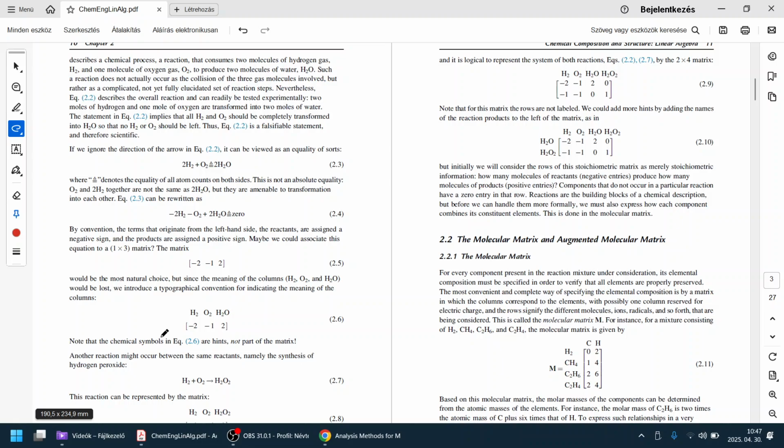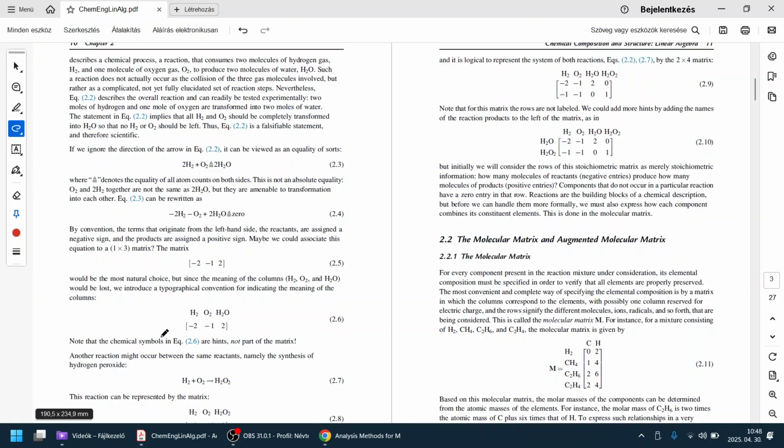So now we have this matrix. Okay, this is the molecular matrix. I don't know why we did it. Perhaps it's fun. We are clever and smart and whatever. So we did it, doesn't matter.